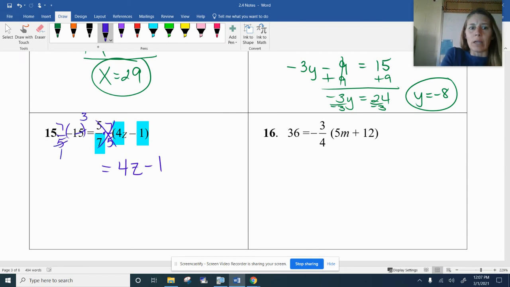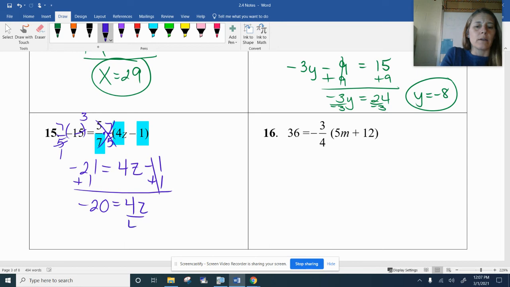And now I can do 7 times negative 3 pretty easily in my head. Adding the 1, negative 20 equals 4z. Divide by 4, and we know z equals negative 5.